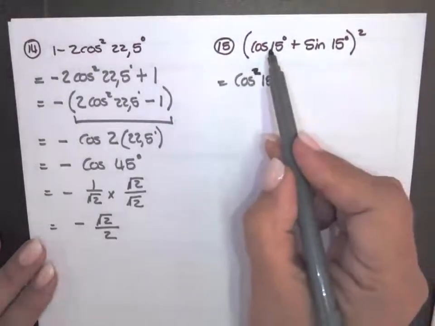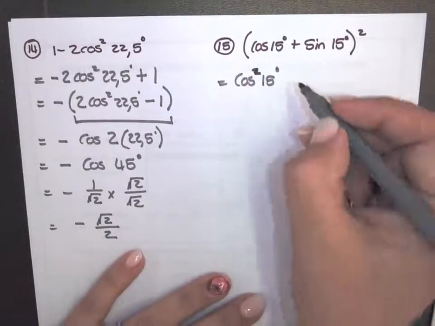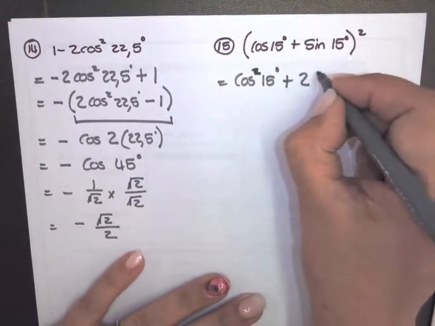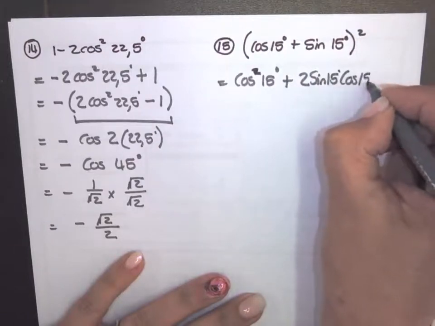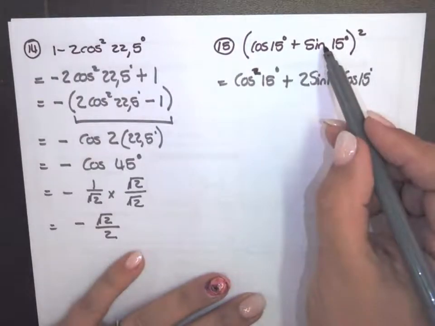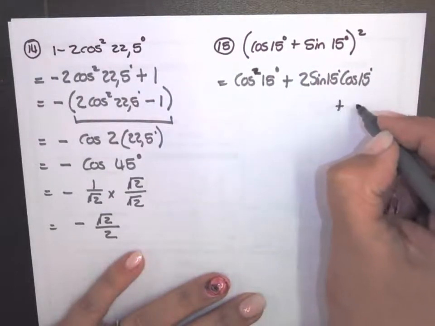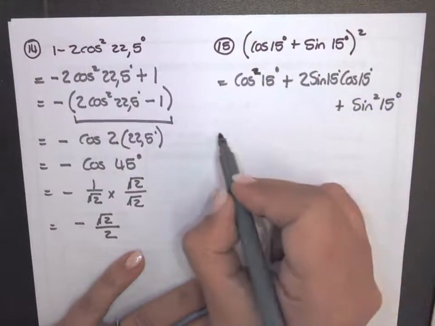Now you multiply these two terms and with 2, so it's plus 2 sine 15 degrees cos 15 degrees, and then you square the last term, so it will be plus sine squared 15 degrees.